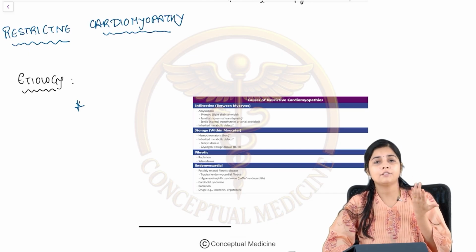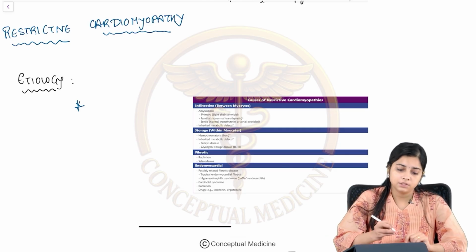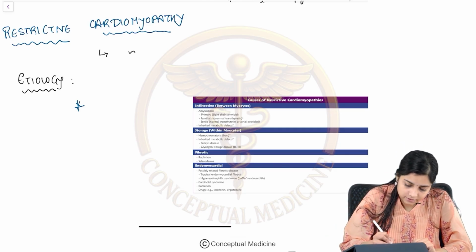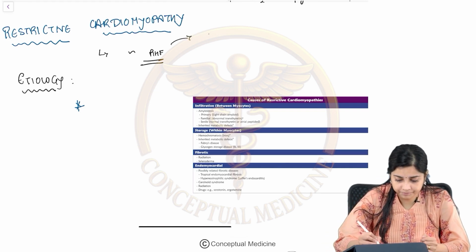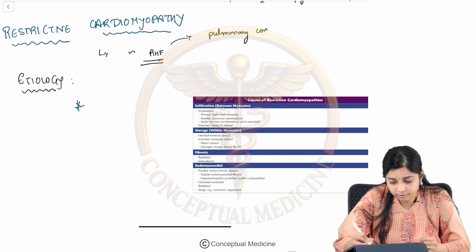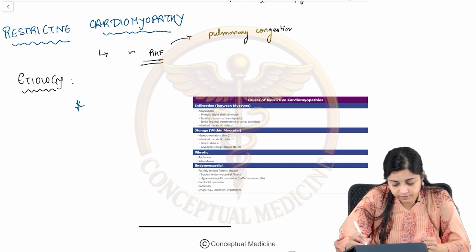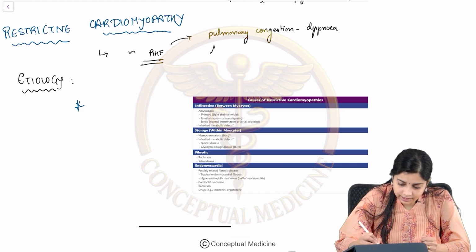So there are elevated filling pressures, and this in turn causes symptoms similar to your right heart failure. What are the symptoms? There can be pulmonary congestion, which leads to dyspnea, and there can be anasarca as well.